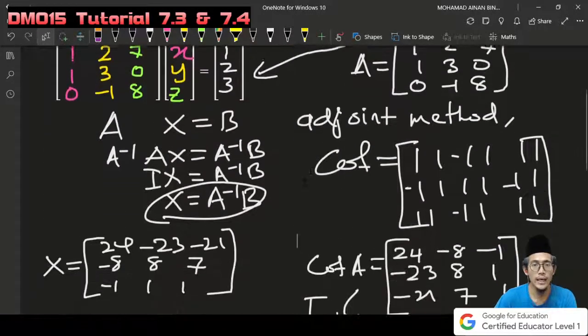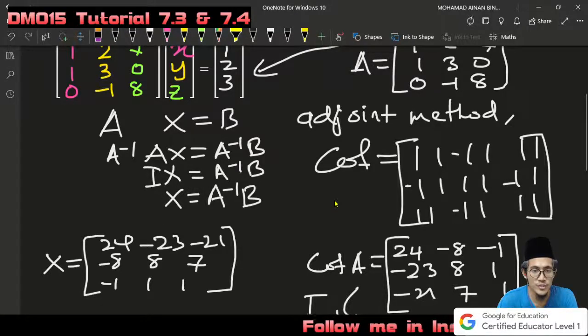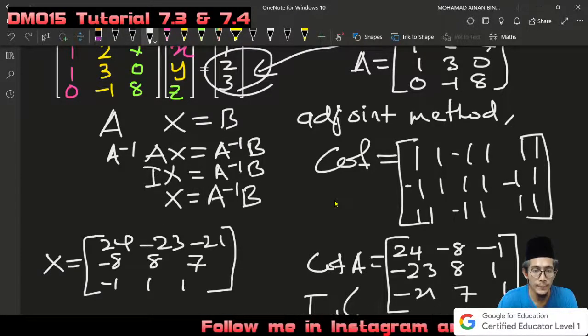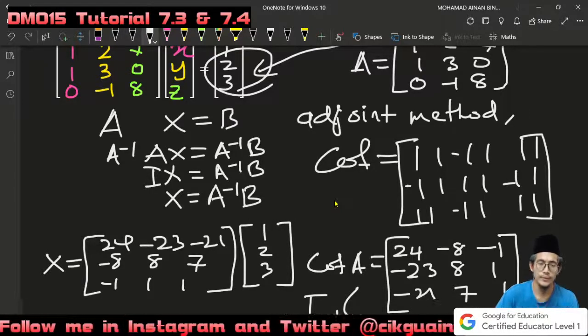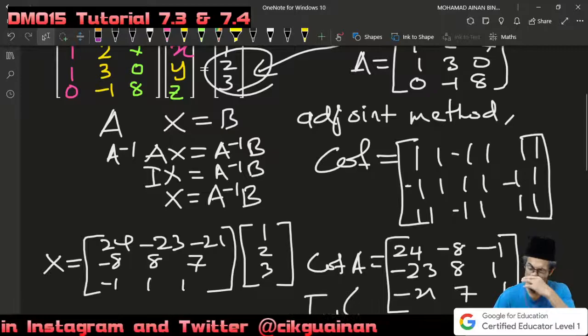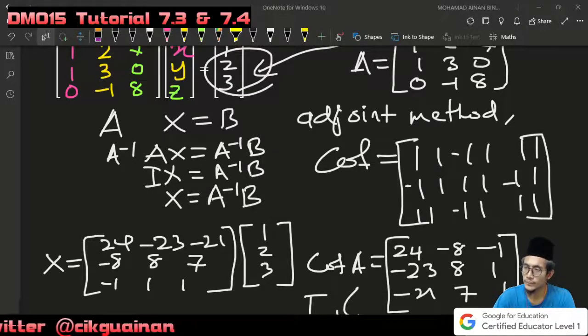Okay, and then matrix B. Matrix B mana nak dapat? Matrix B kita boleh dapat over here. So put over here. 1, 2, 3. Okay, sorry. Okay, so I calculate that for you.